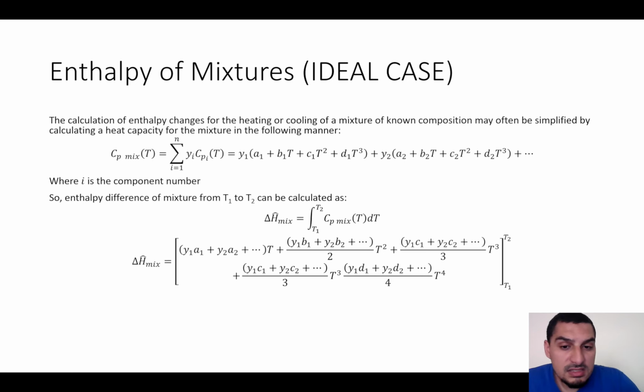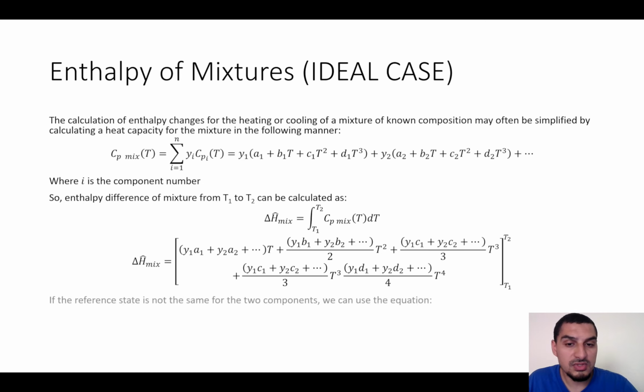Of course, this is valid if you have the same limits of integration, or you have the same reference state and you are calculating the enthalpy at the same temperature for all the components. If you have different components with different reference states, you can calculate delta H for each one of them separately, and then get the delta H of the mixture. Of course, this is the hat, which means that it is the specific.